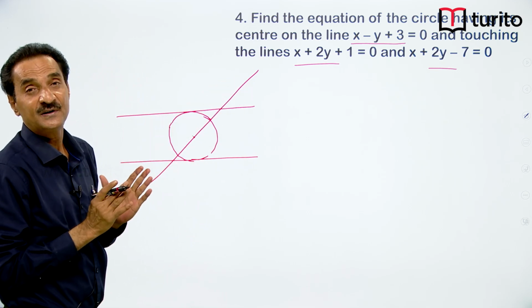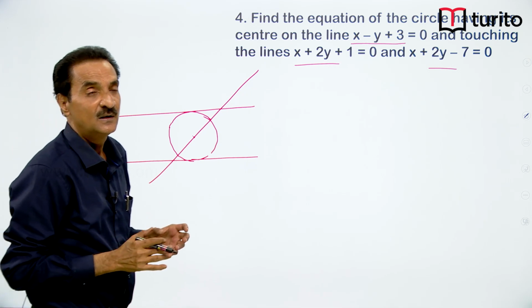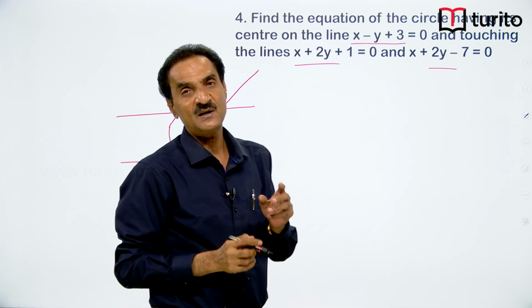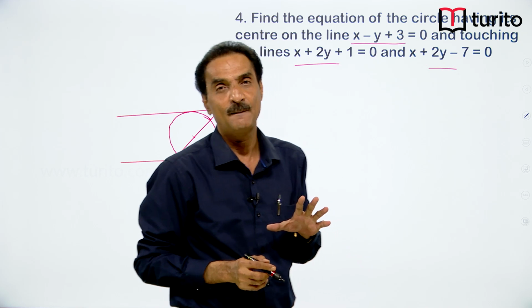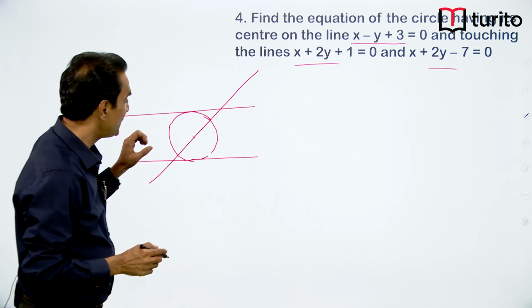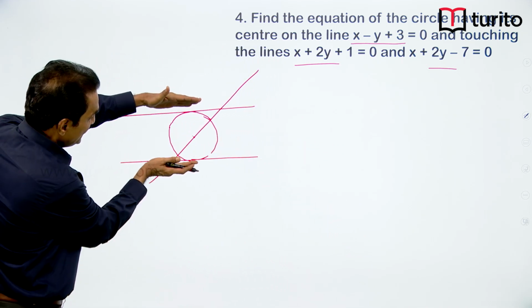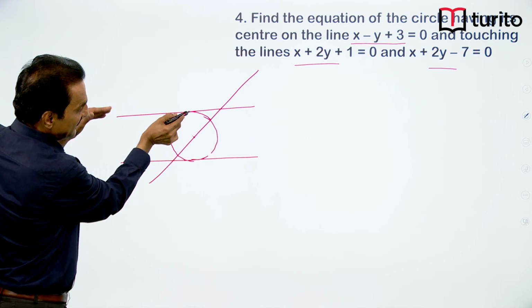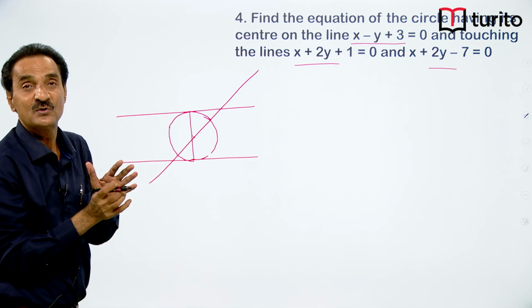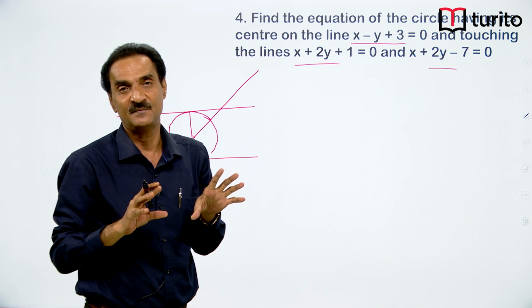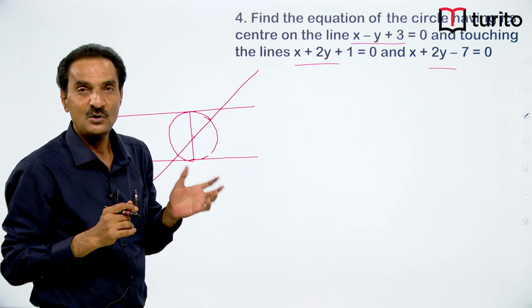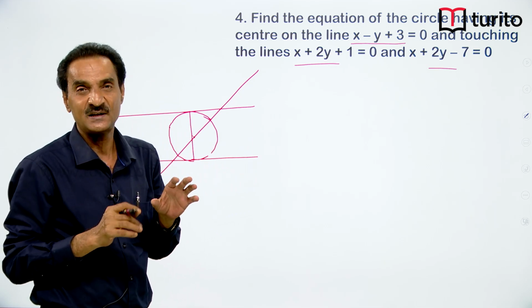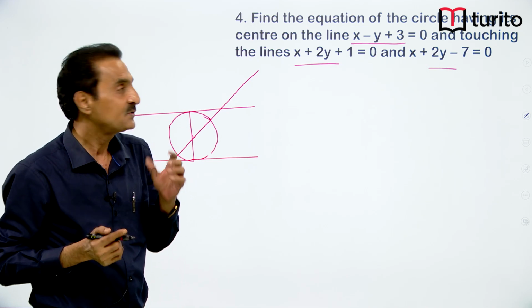Now, how to find the equation of the circle? For finding the equation of the circle, we need center and radius, and you can easily observe that since these two lines are parallel, the perpendicular distance between these two lines will be the diameter of the circle. So, we can easily calculate the radius of the circle, diameter by 2. So, let us do that first.